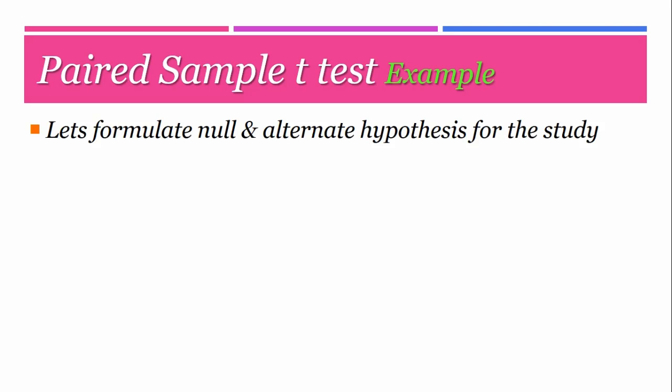Before we go further to do the actual calculations, let's first formulate the null hypothesis and alternative hypothesis. Since here we are comparing the effect of the new drug on blood sugar level before and after the treatment, our hypothesis statement should include the difference of effects before and after treatment with the new drug on blood sugar level.